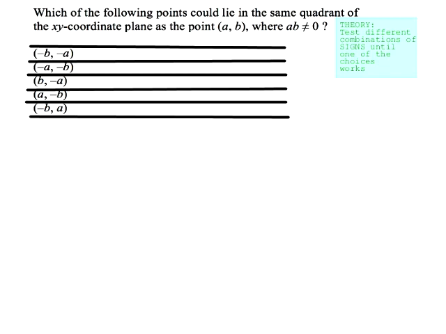So if A is positive and B is also positive, then the goal would be to have it in the same quadrant as that. The goal would be to have it in the quadrant where everybody is positive. That's what we want to try for.